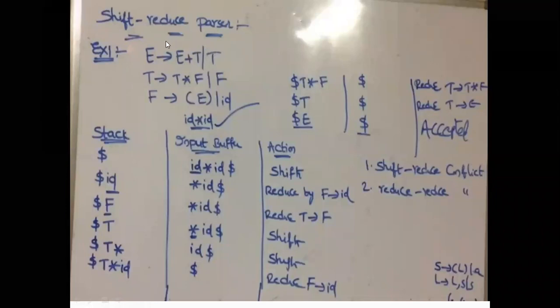And this T is replaced with the left side non-terminal, that is capital E. Then dollar capital E. So we are performing the reduce operation, T is production with capital E. Then what is the acceptance state? In the stack we are having dollar followed by the start symbol, and in the input buffer we are having only dollar. That situation is called the acceptance. Okay, so this is the accept.